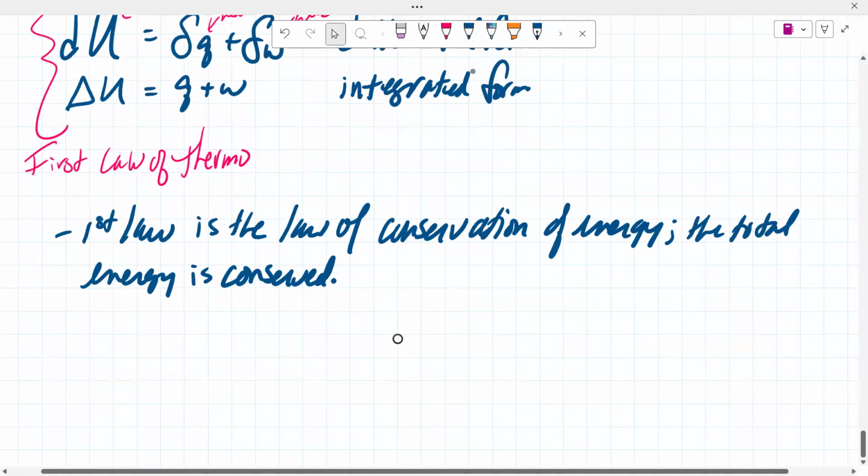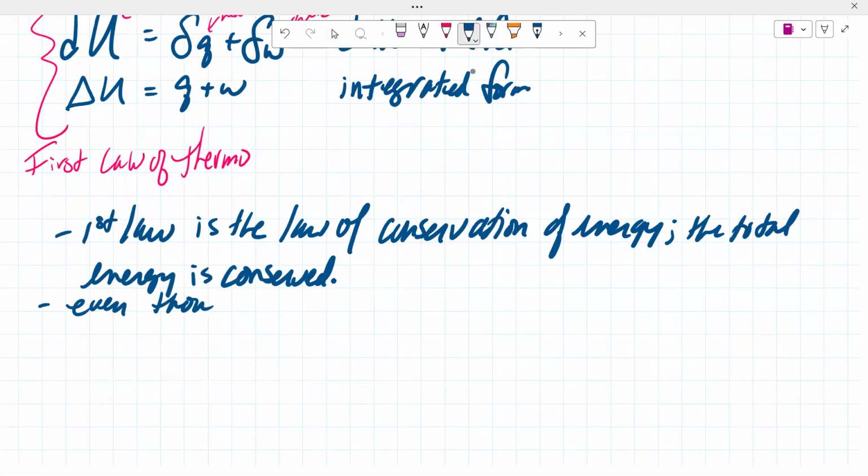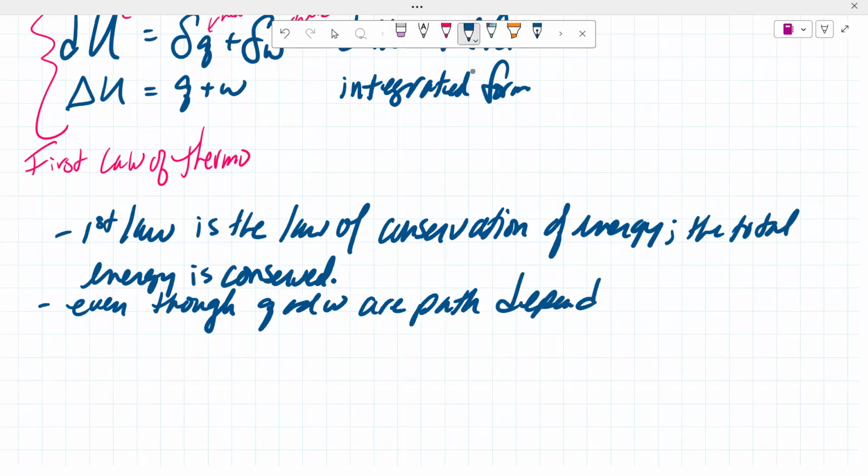Even though Q and W are path dependent, the sum gives a path independent value for energy.